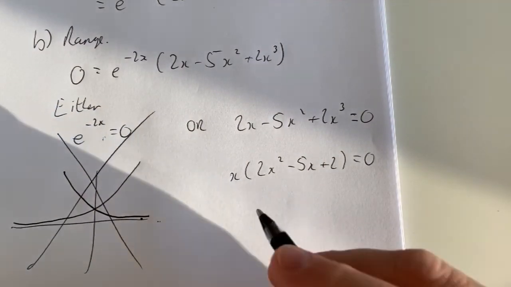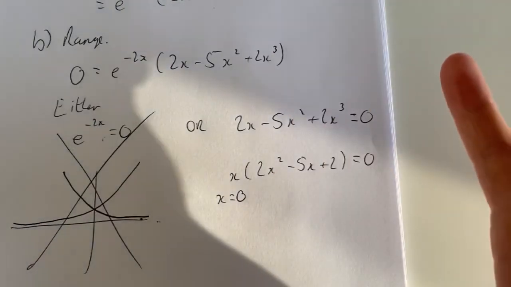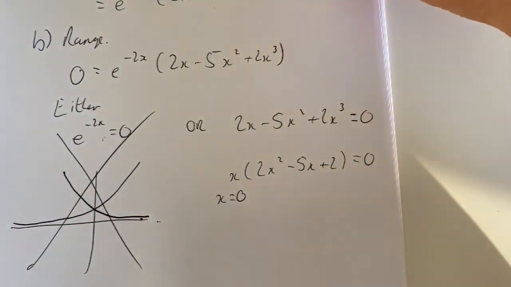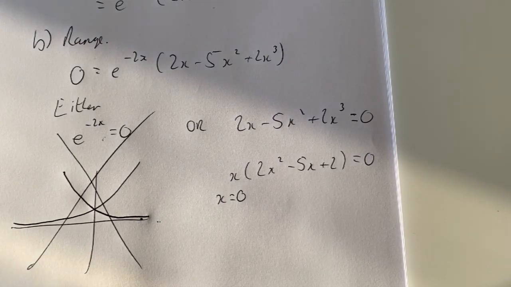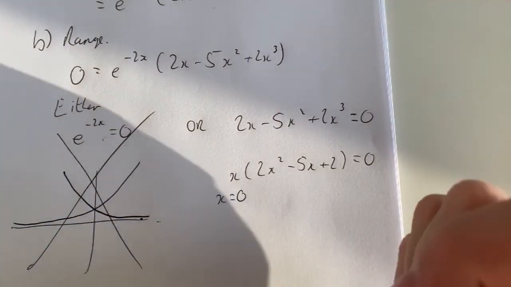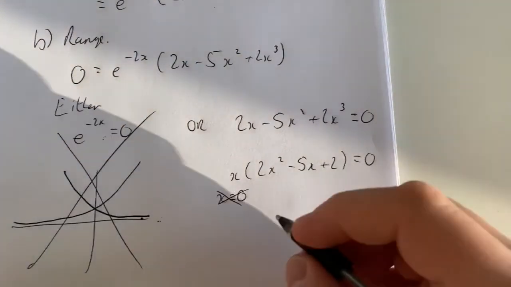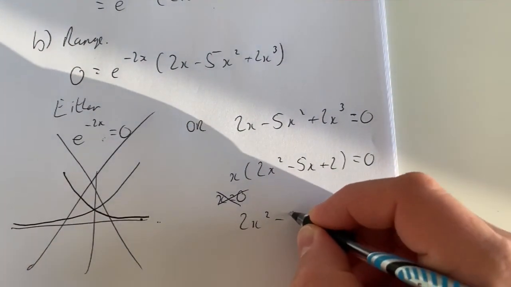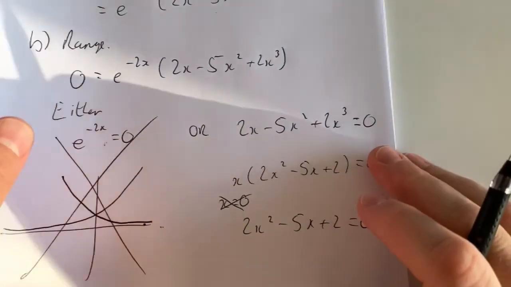Now, that means that x equals 0 is an option, but again, back in the question, x had to be greater than 0. So that cannot be true. So we can forget that one. So we only actually have to look at 2x squared minus 5x add 2 equals 0 to get our solutions.